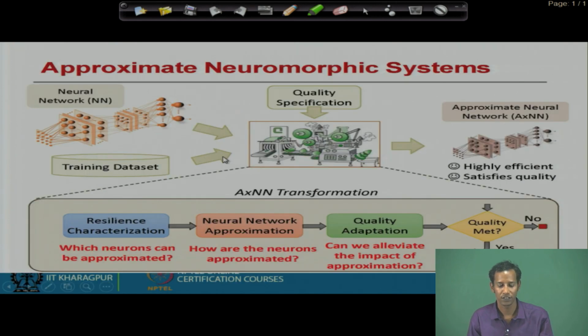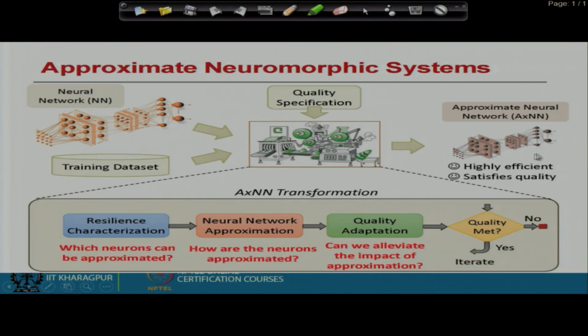So, this is an approximate neuromorphic system. This work is being followed at Purdue University.